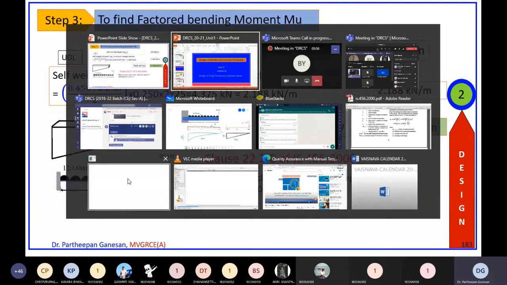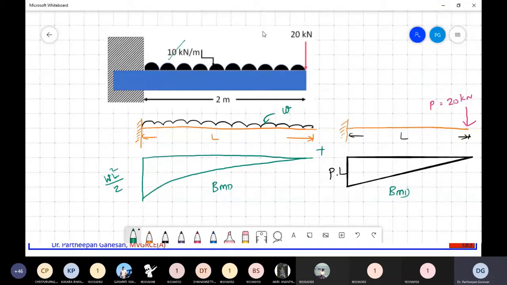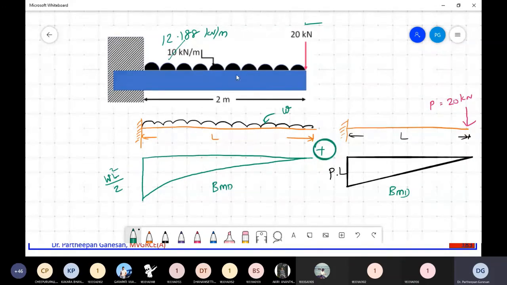So I am going to show here on the whiteboard. Forget about this 10 kilonewton, 20 kilonewton. Instead of 10, you have 12.188 kilonewton per meter, and this is 20 kilonewton. Now you can separate this into two different problems: one beam with a UDL, another beam with a point load.